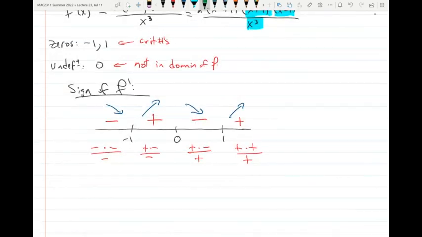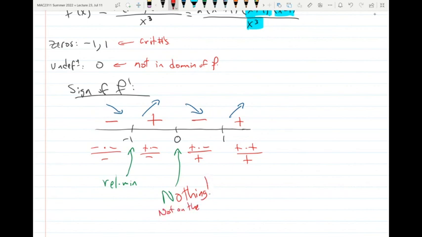And then now let's classify. What's happening at this guy? At -1, relative negative, we have a relative minimum. What happens at 0? That doesn't stop. We don't count it. Nothing. Not on the graph.